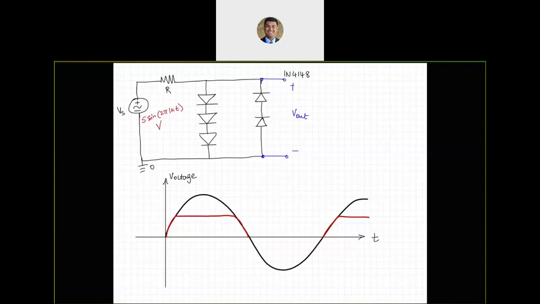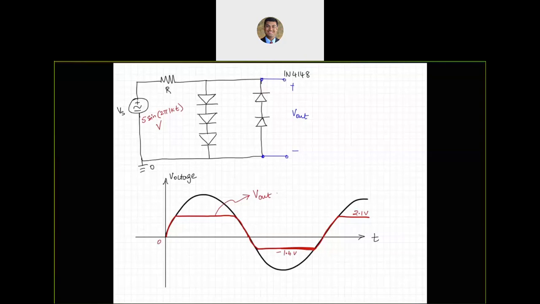That tells me that on the negative side, the voltage is going to be limited to 1.4. So using that, I can say this is going to be 2.1 and this is going to be negative 1.4 volts, where this is my V out. This is 0 again, and so on.